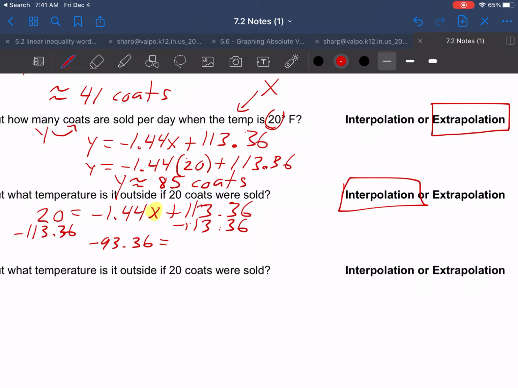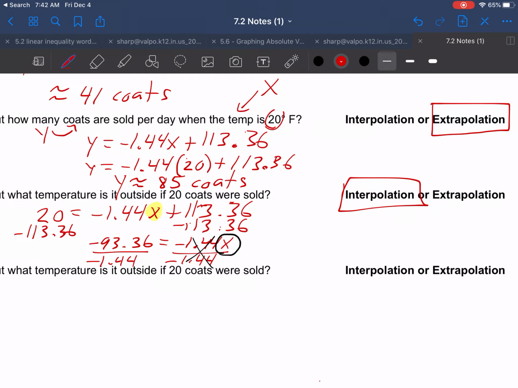Now that's equal to a negative 1.44x. So I'm going to divide this negative 1.44x, and then I'm going to divide this negative 1.44. What's going to happen is these two here are going to cancel each other, and basically I'll be left with my x value. So in the calculator, just type in negative 93.36, but divide it by a negative 1.44.